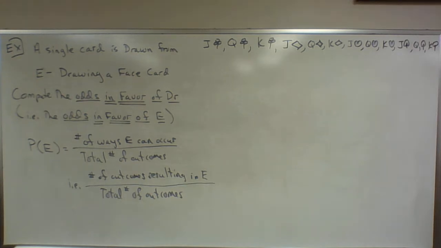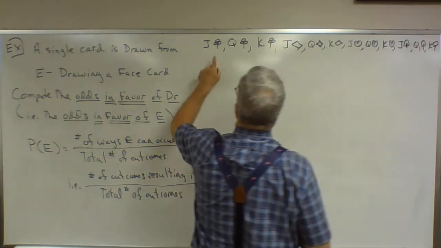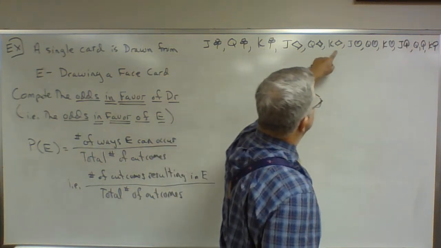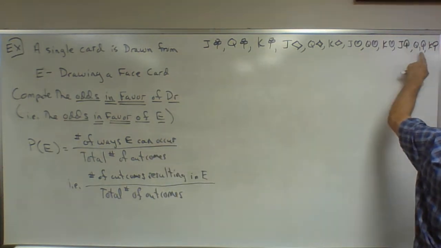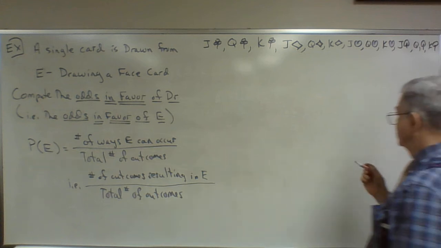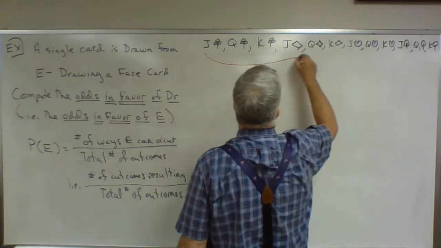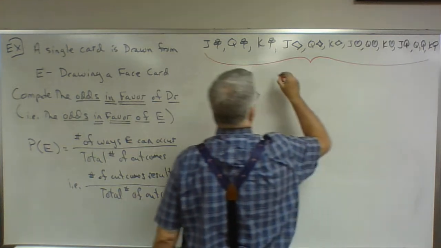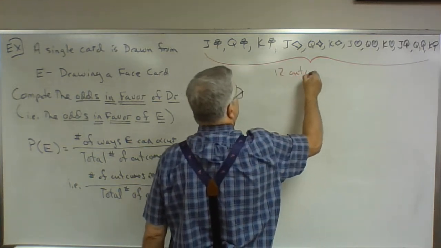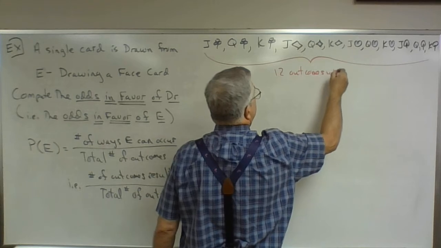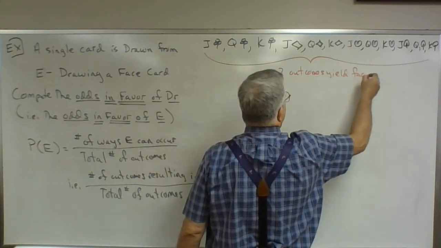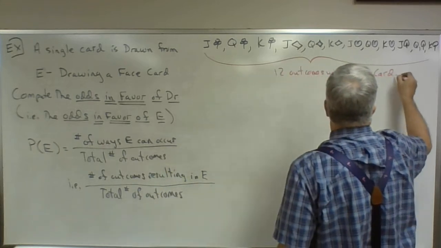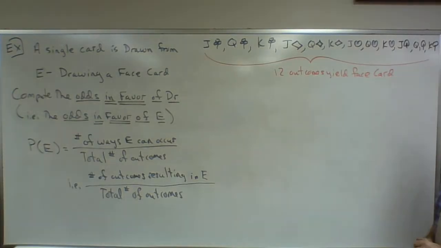Those are all the ways that we can get a face card. And we have 1, 2, 3, 4, 5, 6, 7, 8, 9, 10, 11, 12. There are 12 ways of getting a face card.